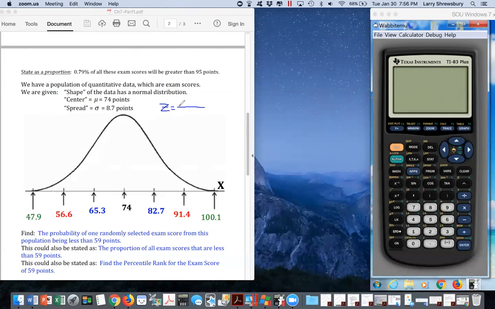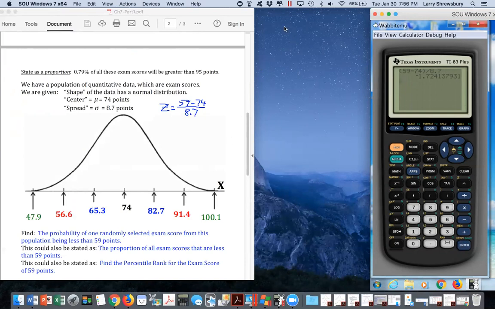And so we'll take our data value of 59, we'll subtract the center, which is 74, and divide it by the spread. And let's see what our calculator says about that. So we got 59, subtract 74, divide by 8.7. Okay, so that's about negative 1.72, which is 1.72 standard deviations below the mean.